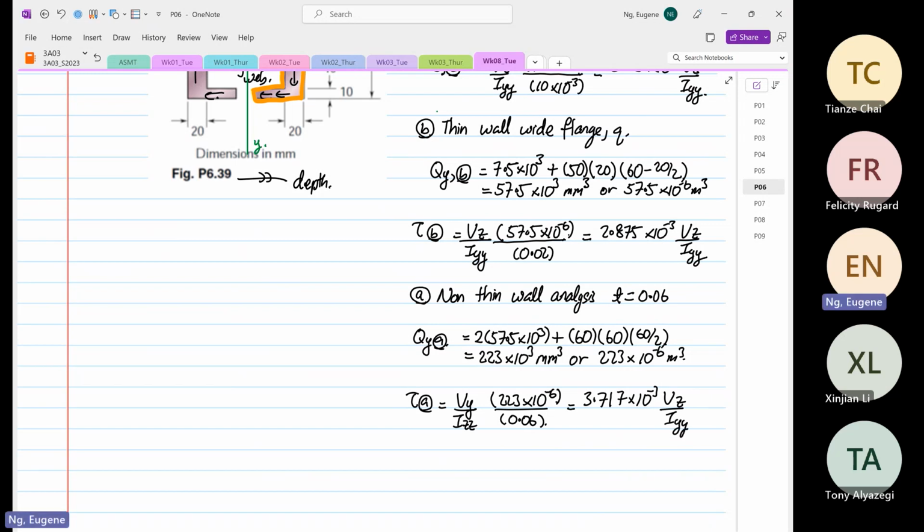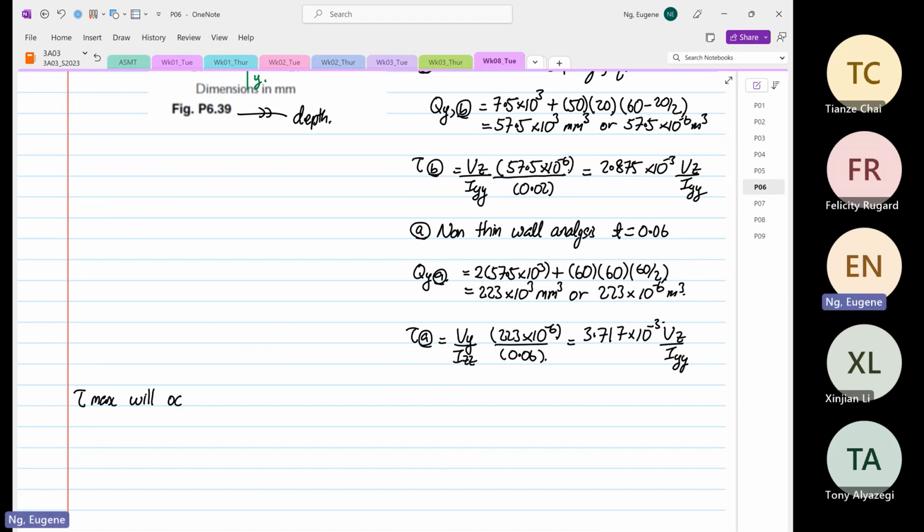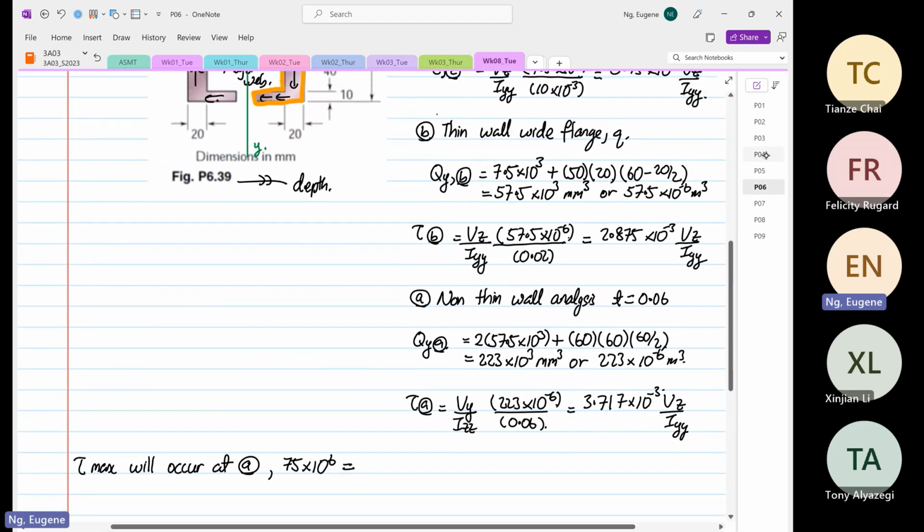So now this time is different, right? Now this time point A has the highest stress. So we realize that tau max will occur at point A. Okay, so we know that tau max is 75 times 10 to the power 6, which is equal to, let me check, did we use 75 before?